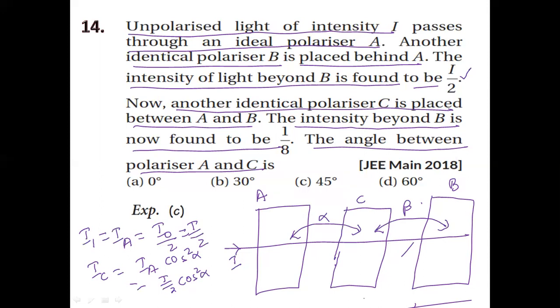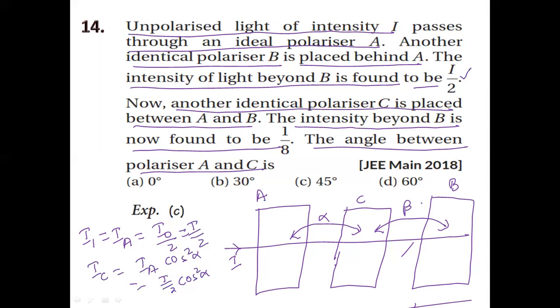Fine. Now from the B, the intensity is 1 by 8. So we can write the intensity of B equal to IC times cos square beta. IC we got as I by 2 cos square alpha, and this one is cos square beta. This value they gave as I by 8. Fine.